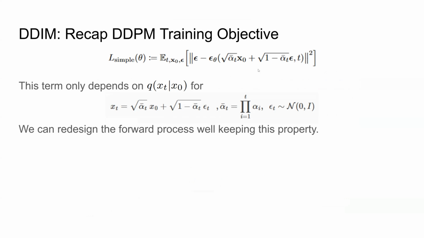So we can plug this into the xt at any time step. So ideally, if we can design a new distribution for the forward process and the backward process that is different from our Markov chain structure, but keep this term the same, then we do not modify these training objectives, meaning that we can just take any trained DDPM model here and do the same task.